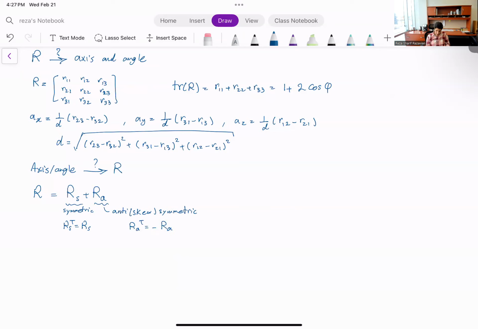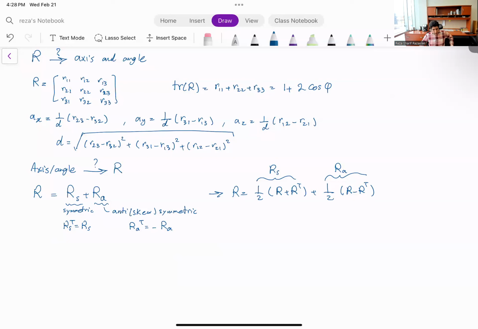For any matrix that you may have, you can very easily find these two. R is 1/2 (R plus R transpose) plus 1/2 (R minus R transpose). The first one is your symmetric part, and the second one is your skew symmetric part.